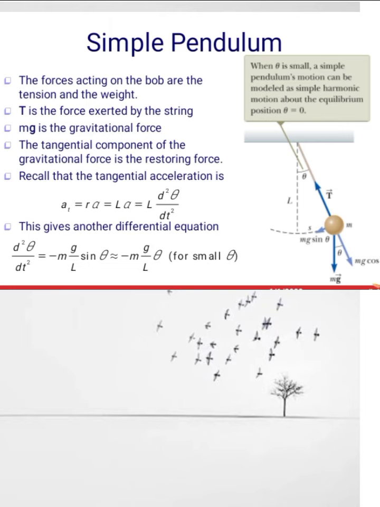We can see the picture of the pendulum. When θ is small, a simple pendulum's motion can be modeled as simple harmonic motion about the equilibrium position θ equals 0.